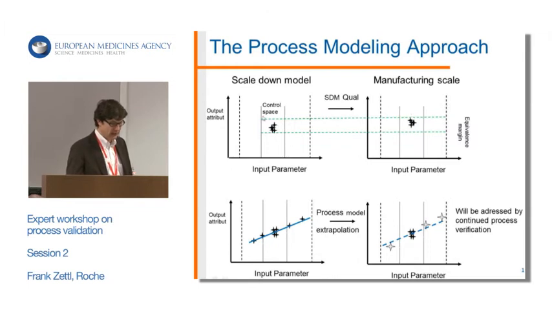And there is a certain range around which we want to operate the process. That's the area that was formerly called the design space. We don't talk about design space anymore.